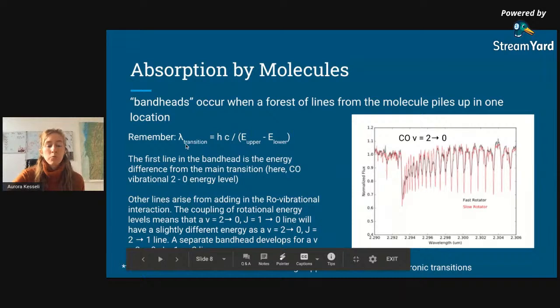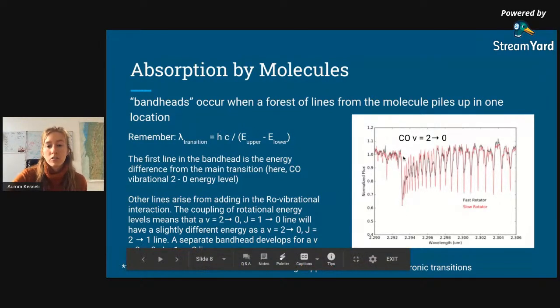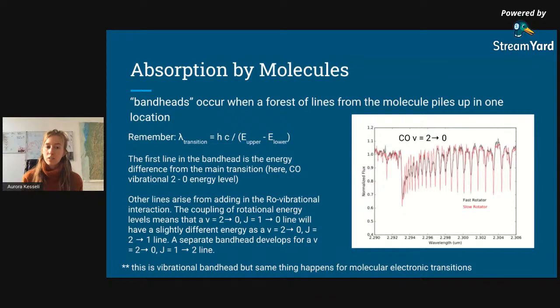So remember that the wavelength of the transition is equal to hc over the energy of the upper minus the energy of the lower. And so this first initial line here, the deep line, corresponds to the main transition from the 2 to 0 energy level.